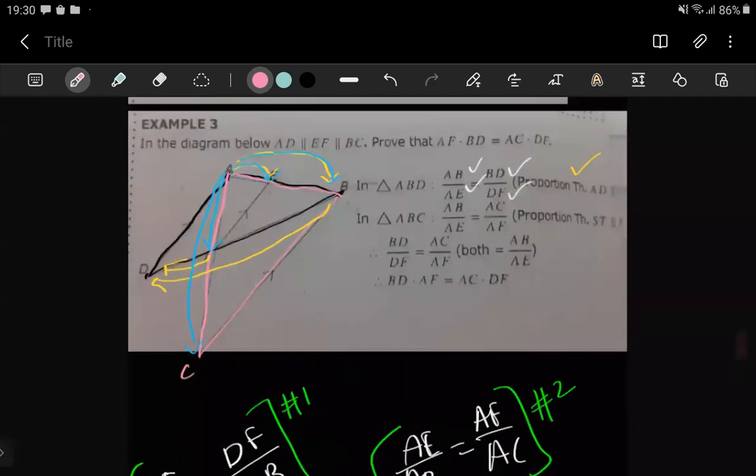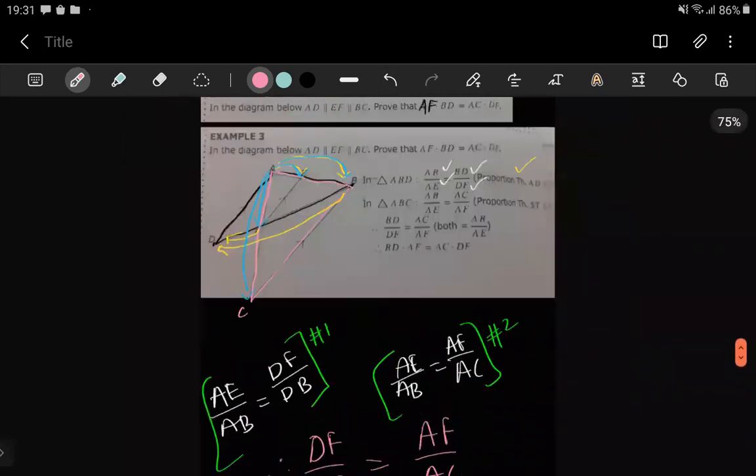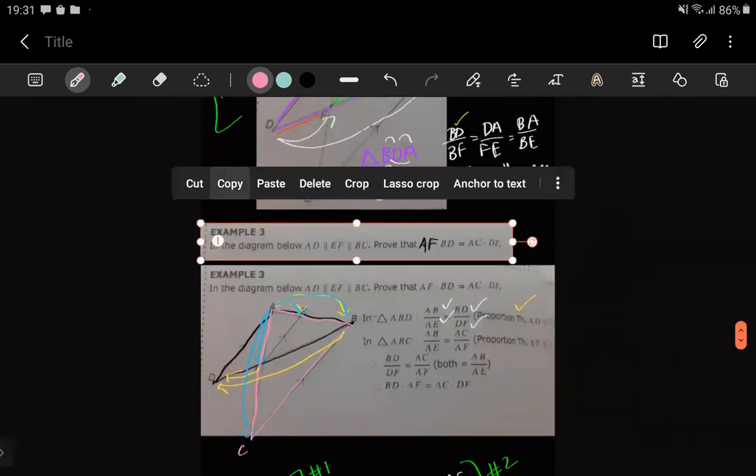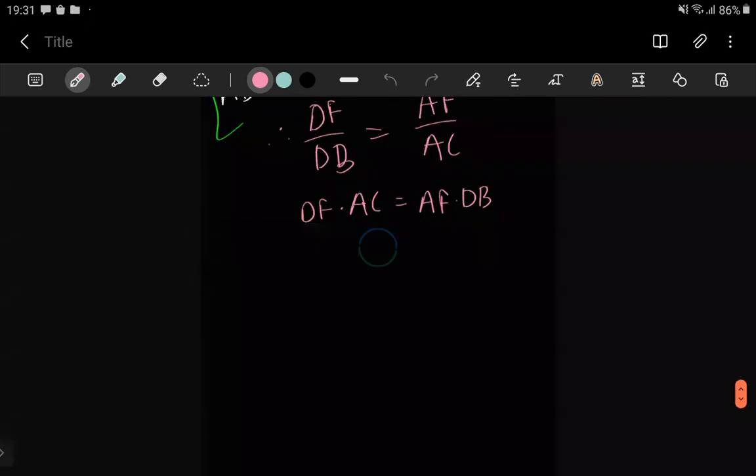And then once that was written, all they did was cross multiply. So cross multiplying, you're going to have DF times AC over here, which is going to be AF times DB. And if you compare that to what we were trying to prove, it looks as though that is what we have.